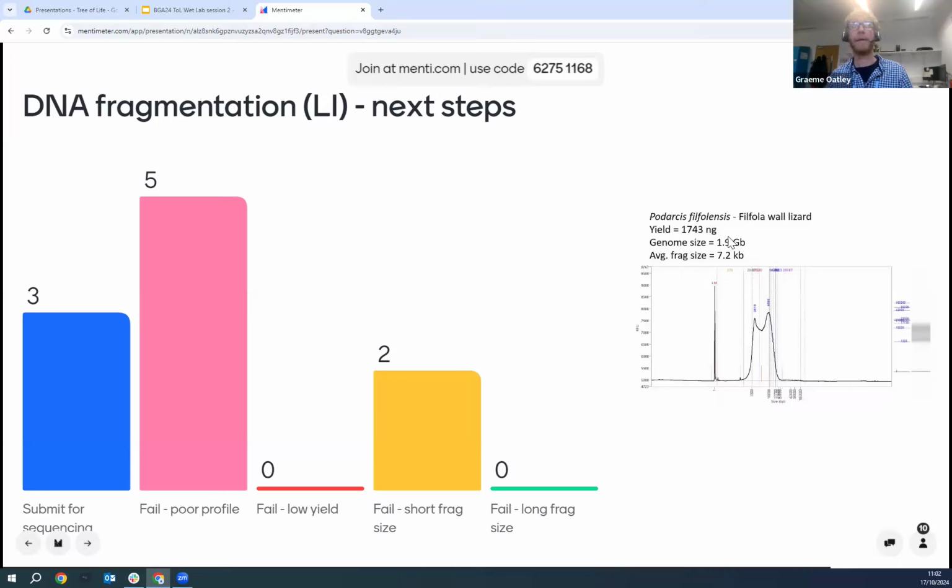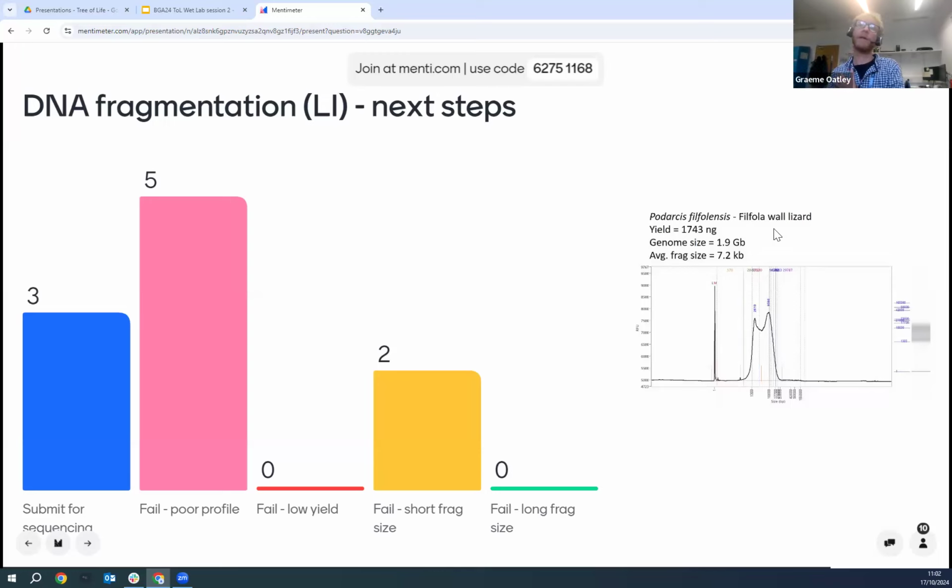So having the extra bits of information that I've just shared with you, our team decided to submit this for sequencing after requesting a modified SPRI.